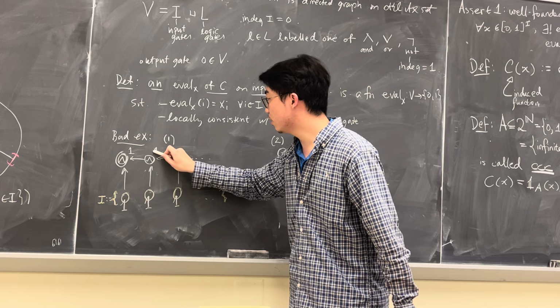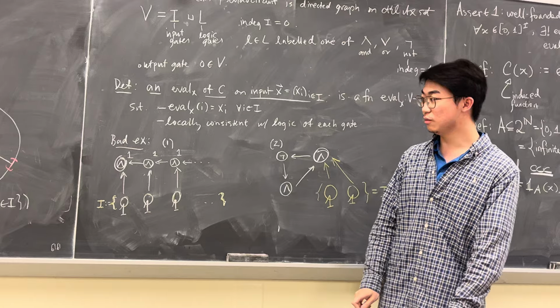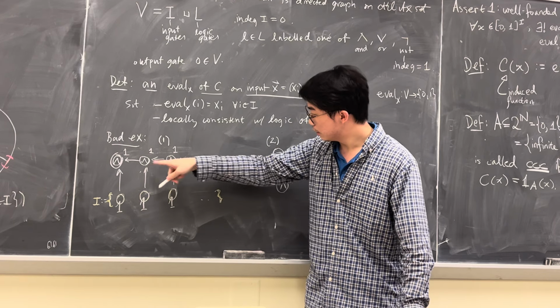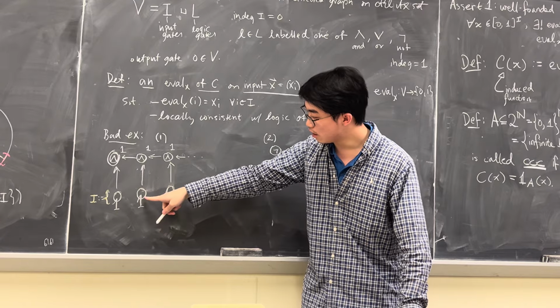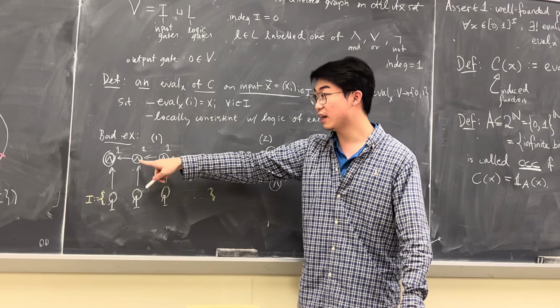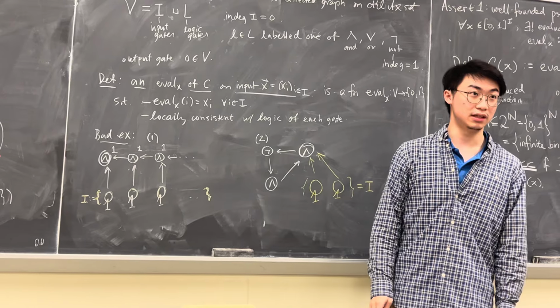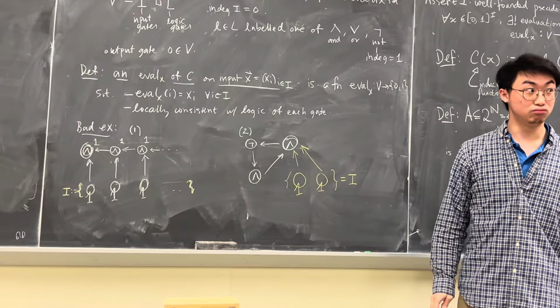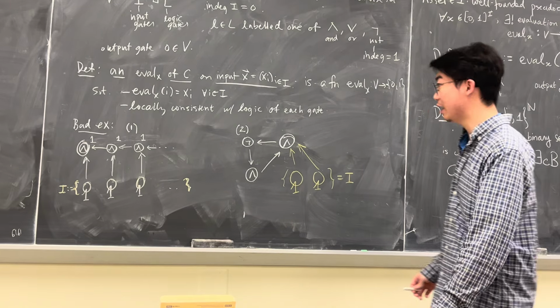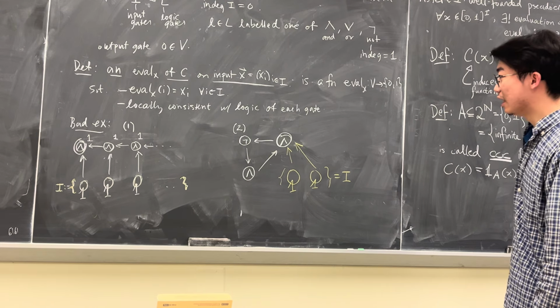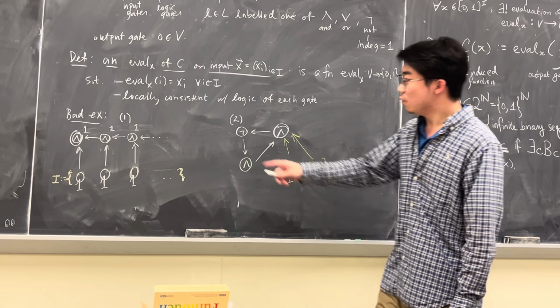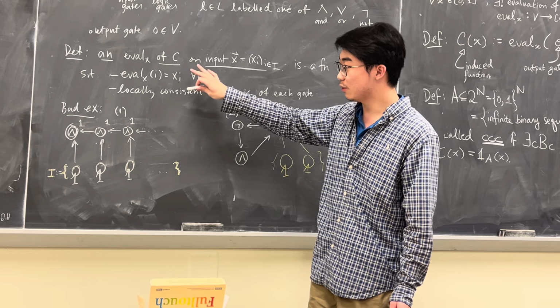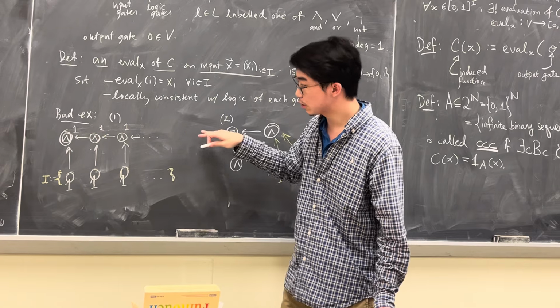This one is another valid evaluation, where each gate locally sees a 1 and a 1, and being an AND gate naturally outputs a 1. Any questions about this notion? Okay, great. So here, there were two possible evaluations. The ones with all zeros or the ones with all ones.